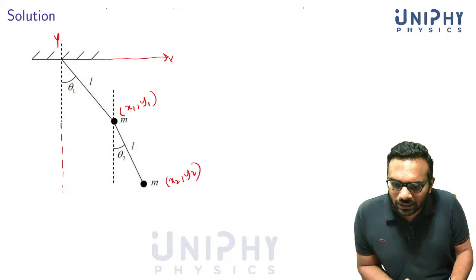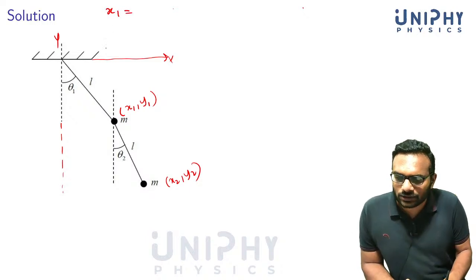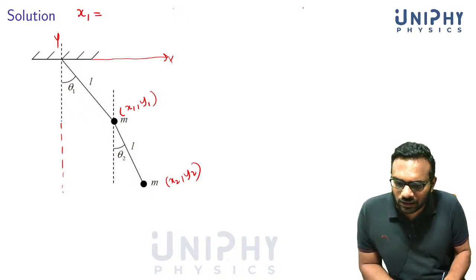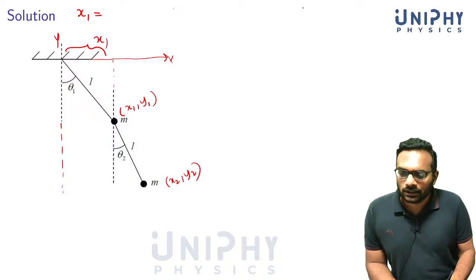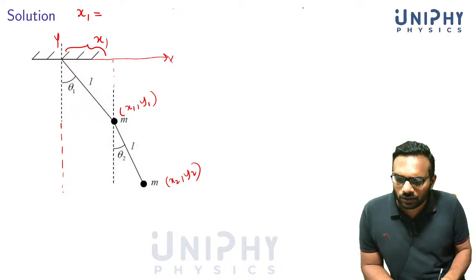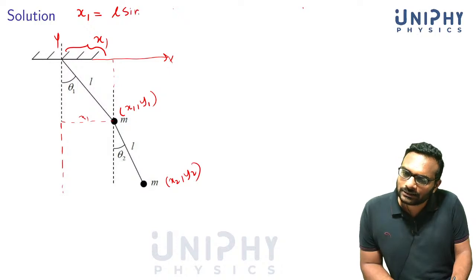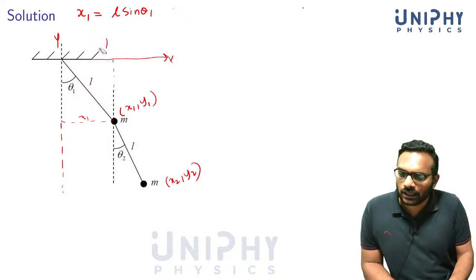So what's x1? x1 is actually this length, because this is the x-axis. So from this trigonometry, you see that x1 is equal to L sine theta 1, and y1 is equal to L cos theta 1.